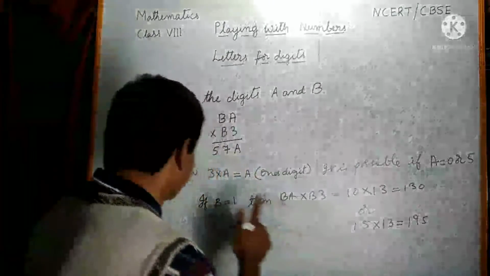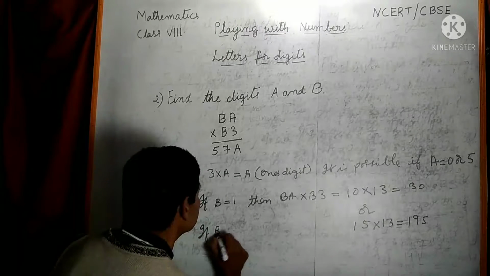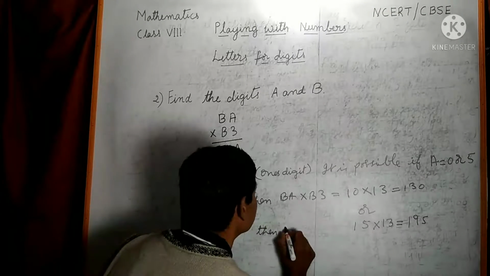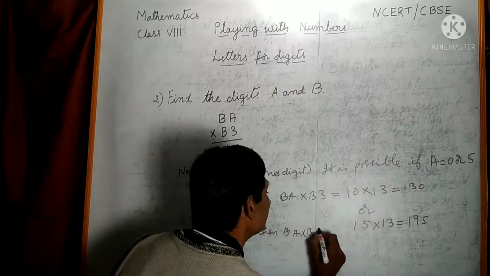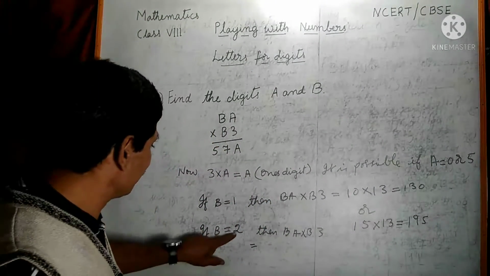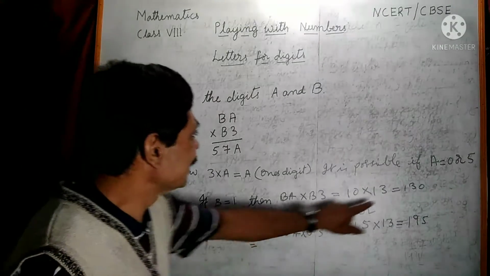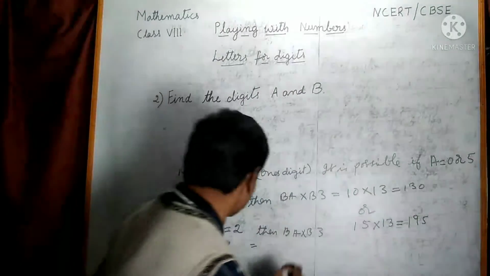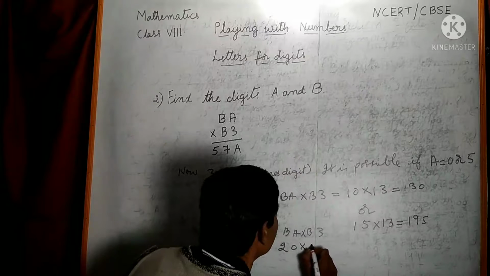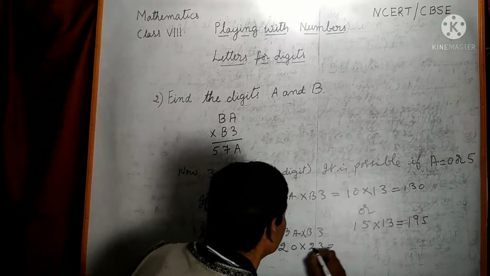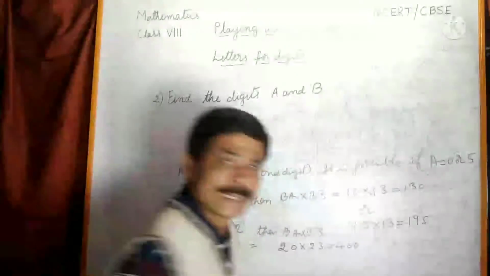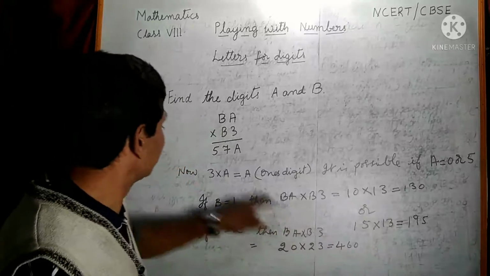So let us take B is equal to 2. Then BA into B3 is equal to, now let us substitute the value of B in BA into B3 and A is equal to 0. So 20 into 23 is equal to 460. So this is also less than 570.